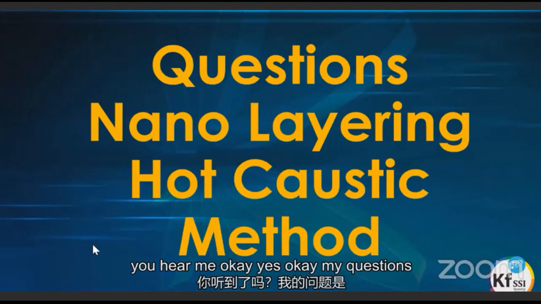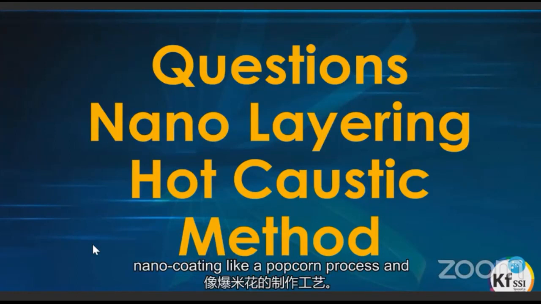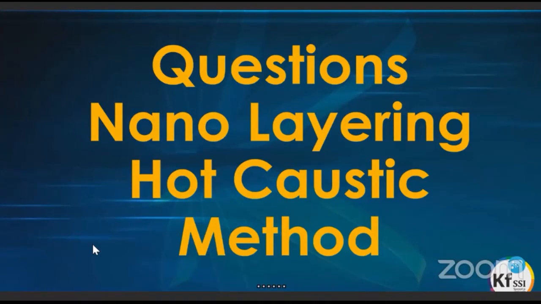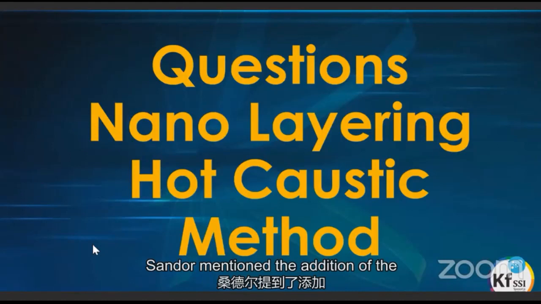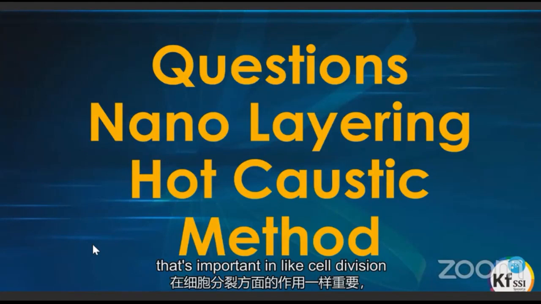My questions revolve around the creating of the nano coating, like a popcorn process. Sandor mentioned the addition of the potassium was important because it has some radiation, and that's important in cell division.